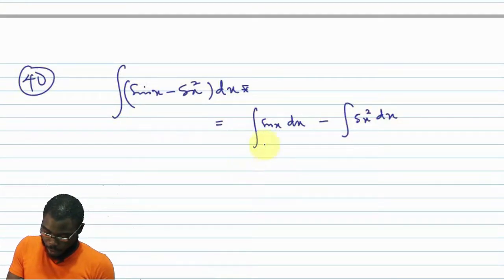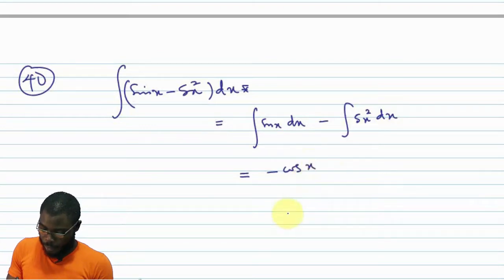When you integrate sine x, you get minus cos x. So this gives us minus cos x.